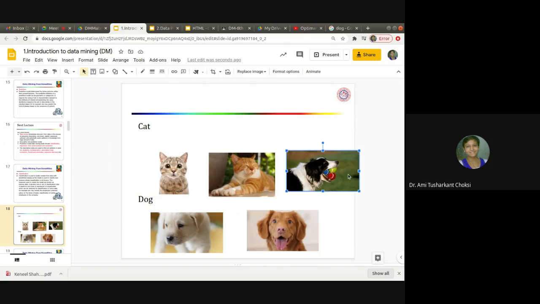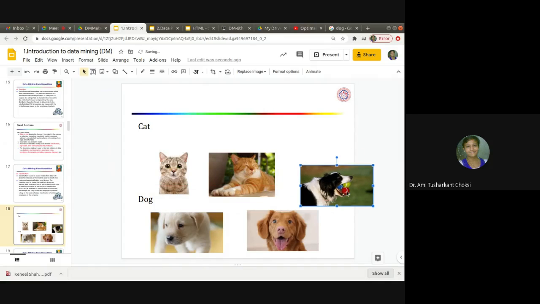So what unknown data is given to you, for that can you say it is dog only if I have considered the color? No, we cannot. From the features, that is, the shape of dog is something like this, his nose is something like this. From that only we can say that this is a photo of dog, right?